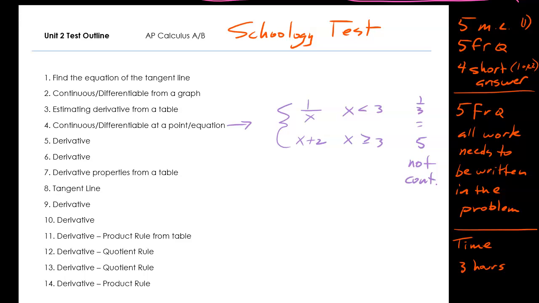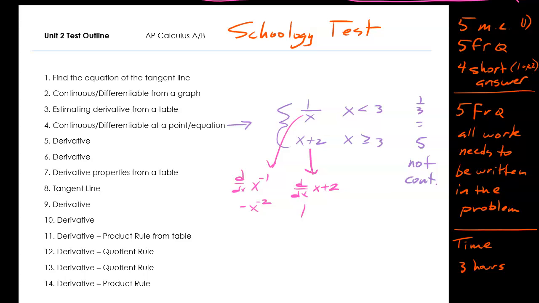The way you check for differentiability is you take the derivative of both of them. The derivative of 1 over x, well, that's x to the negative 1, so its derivative would be negative x to the negative 2. The derivative of x plus 2 would be 1.